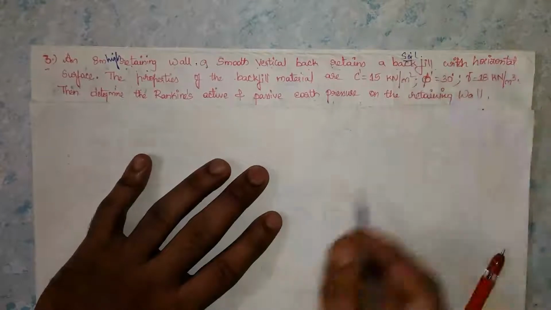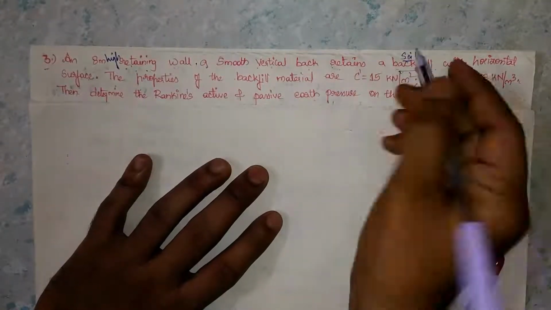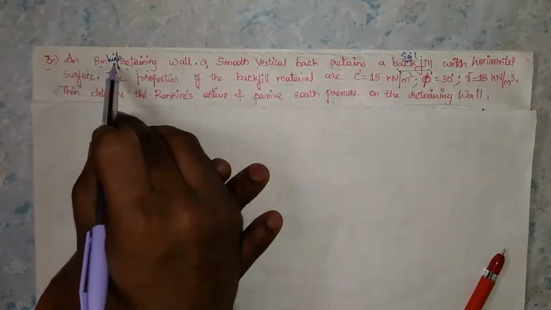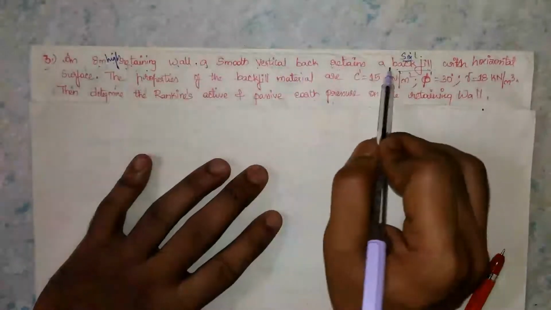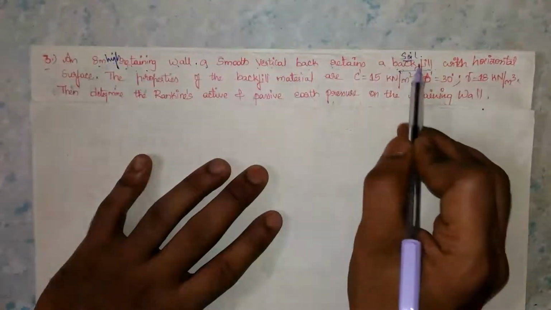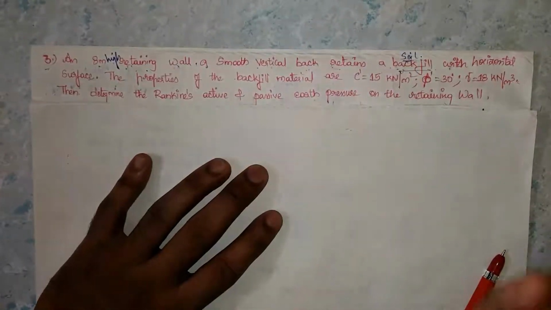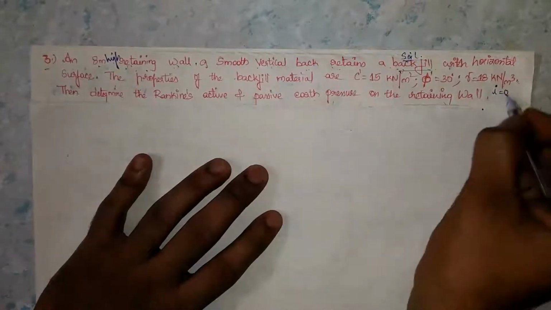Backfill means the soil which is filling at the back side of the retaining wall. With a horizontal surface, that means i equals 0.